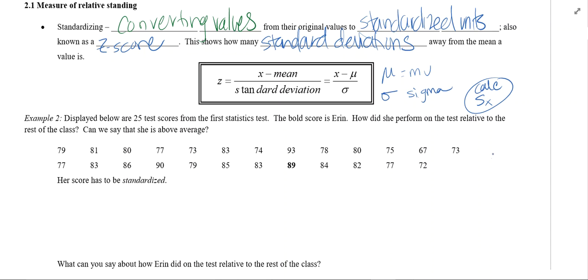When you do one variable stats, x bar, the mean, should be 80, and the standard deviation should be 6.07.